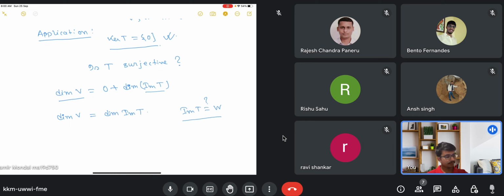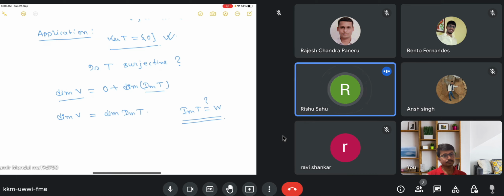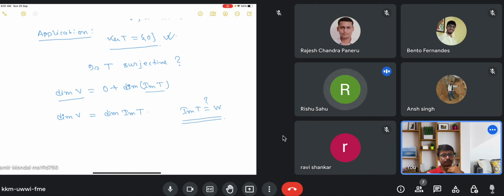Sir, if the dimension of V and the dimension of the image are the same, the cardinality of V equals the cardinality of the codomain. Surjective means every element of the codomain should have a pre-image.